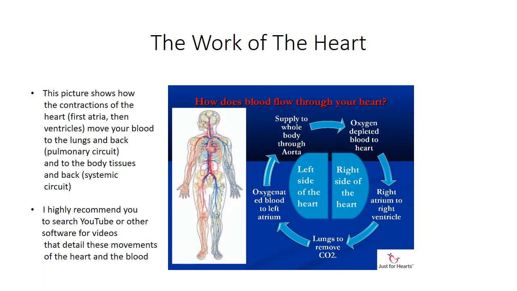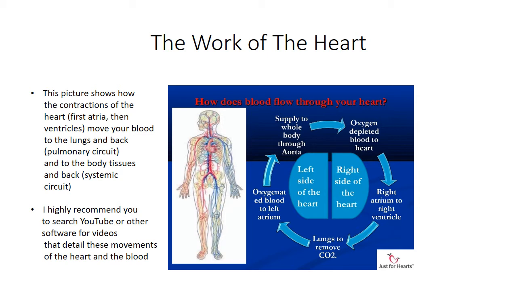Okay. Now, the work of the heart. Actually, this slide is a very schematic representation of the work of the heart. We already, as we were speaking about the anatomy of the heart, atria, ventricles, septum, valves, etc., aorta, pulmonary arteries, etc., we already covered the work of the heart. But now, again, let us just trace what happens as the heart contracts.